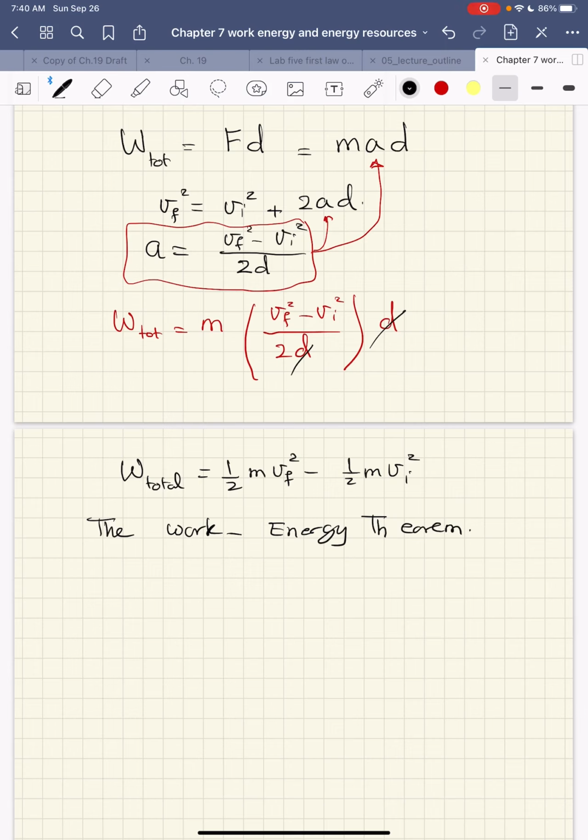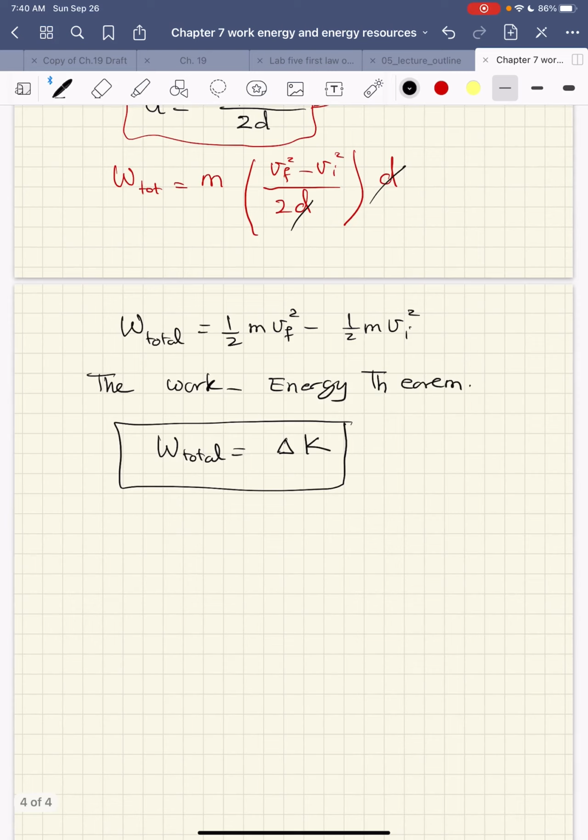And we can write it as this: change in kinetic energy. Here we added a new quantity, we call it K, equal 1/2 times V squared, and we call it kinetic energy.